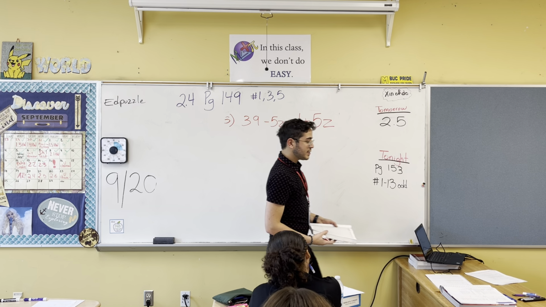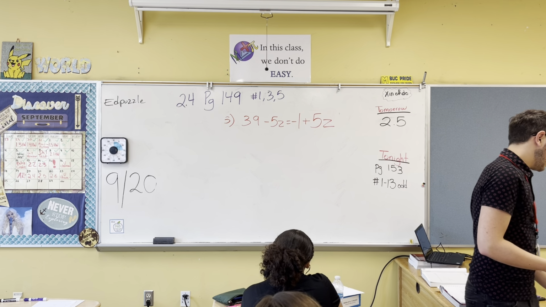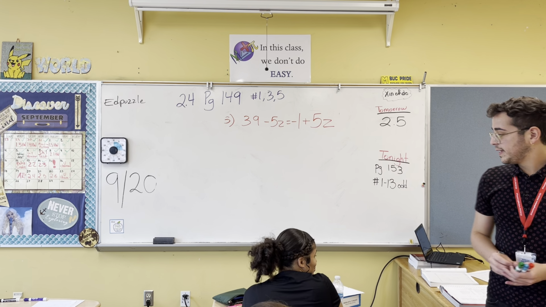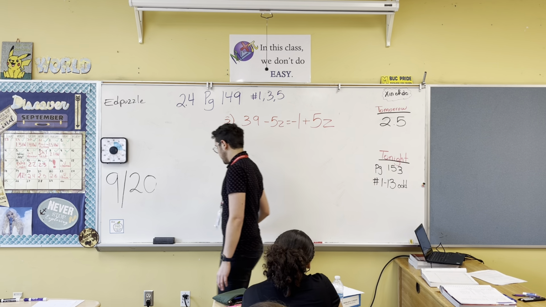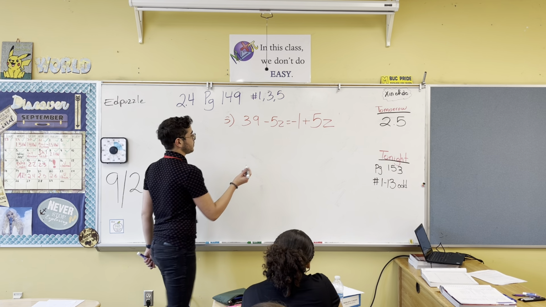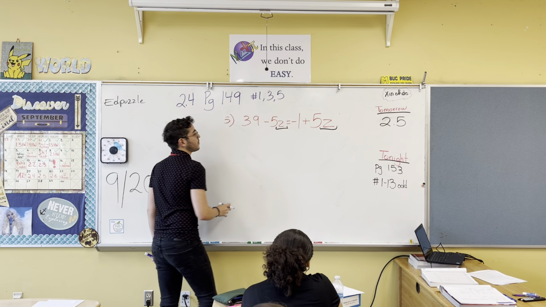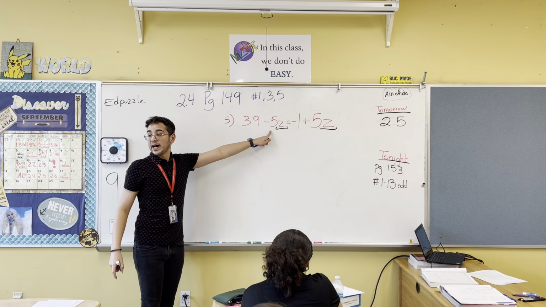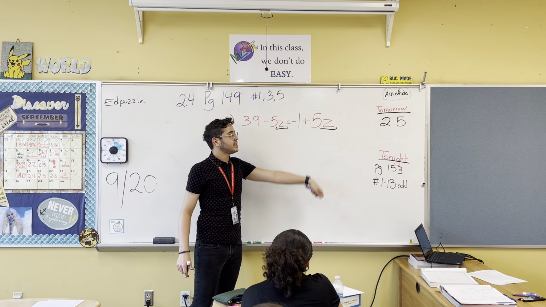Now, this one definitely looks quite complicated, and that's why I'm tackling it, because it's never as difficult as we make it out to seem. How many variables have we located in this expression? We have this one, -5z, and this one, +5z. And here we have our equal sign.